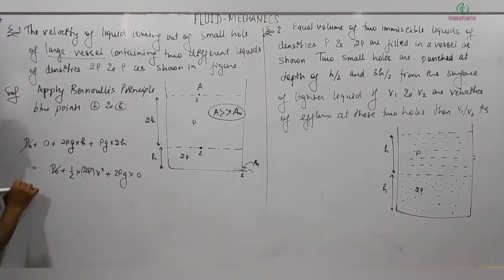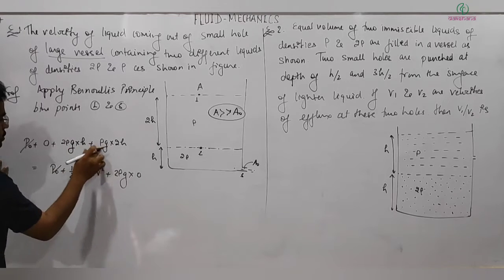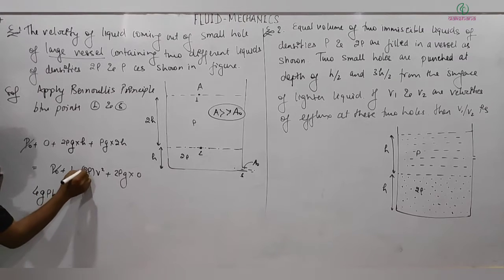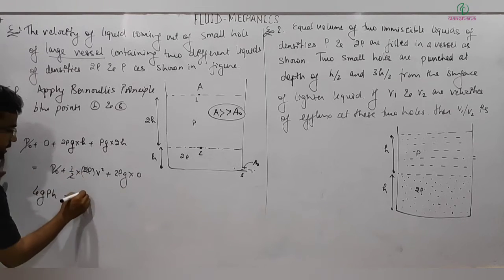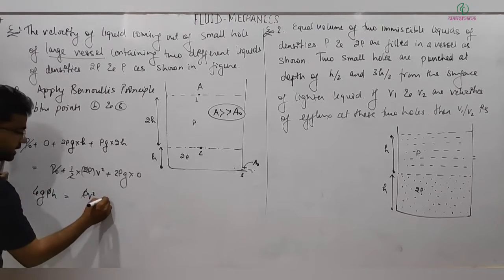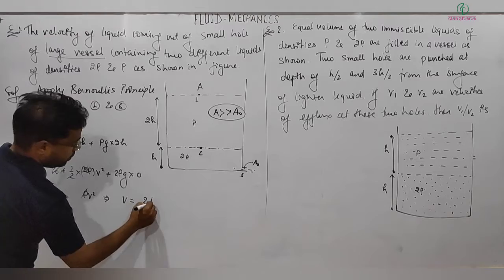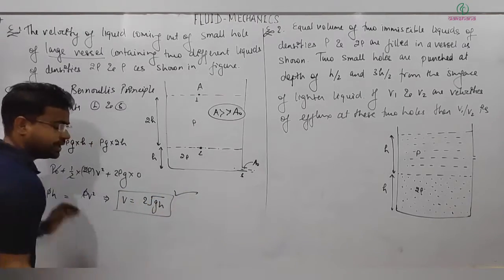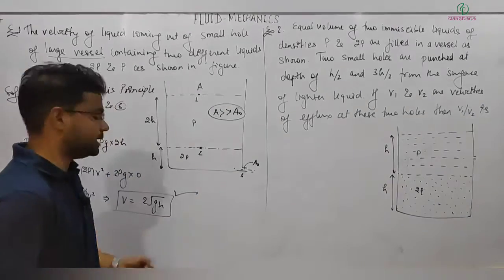P naught we can directly cancel. Here 2 rho G, 2 rho G, it's 4 rho G into H. Here we are left with rho V square, and rho also gets cancelled, and this implies V is coming out to be 2 under root GH. So this is the way we can solve it and get the answer.